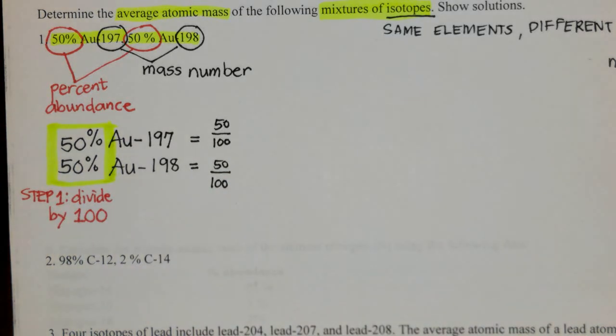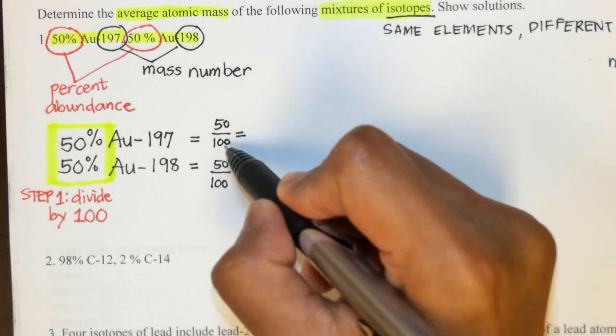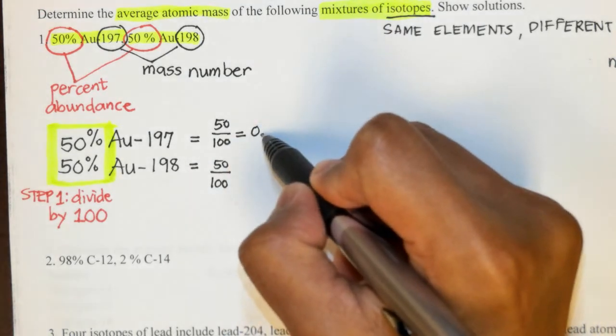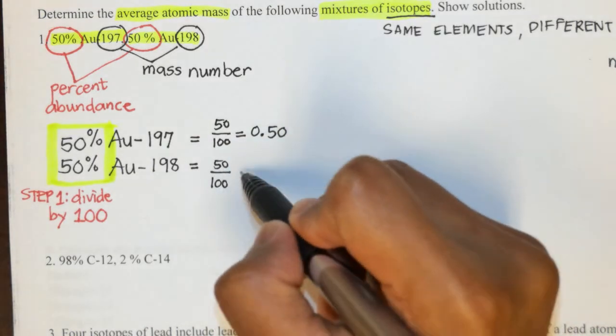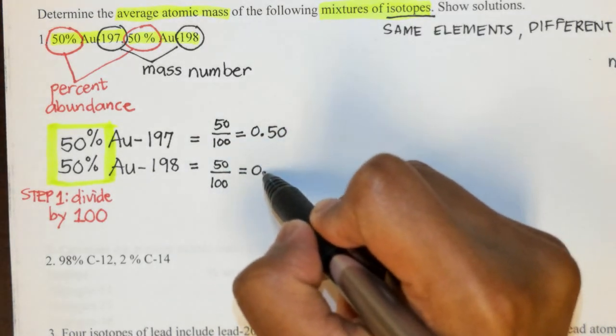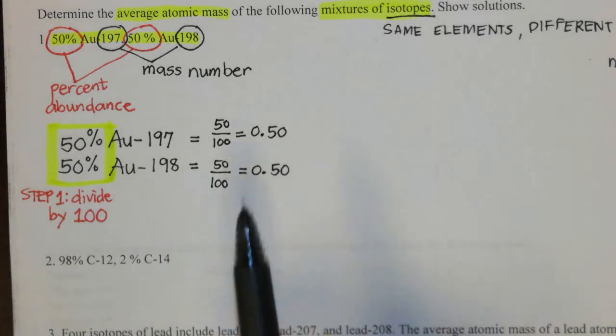Okay? Then I go to the calculator. So 50 divided by 100 is 0.50, which is the same here because it's the same number. So that's 0.50 as well. So that's the first step result.